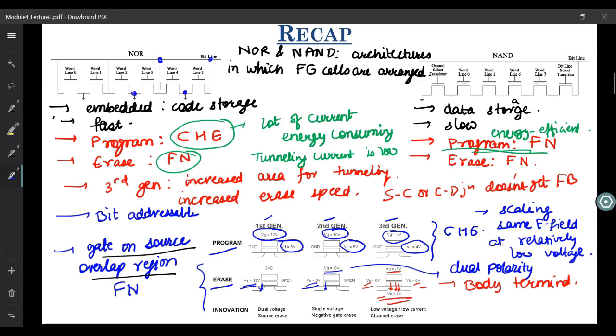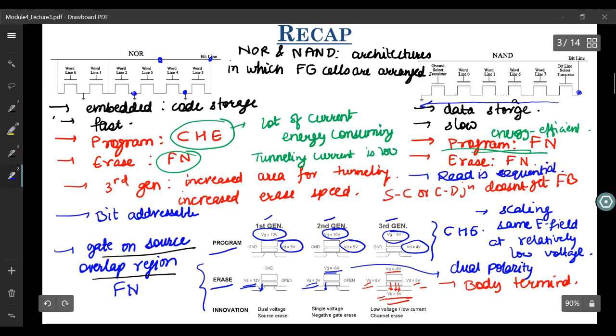However, in the NAND flash, since the cells are connected in series, only one cell has access to the bit line, and the rest all have to work in the pass mode. So let me write it somewhere. Here in your NAND flash, read is sequential.